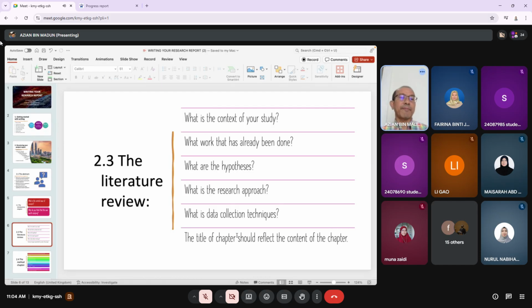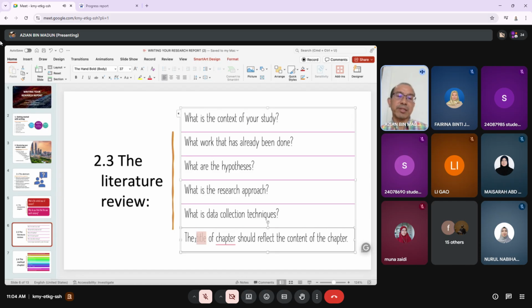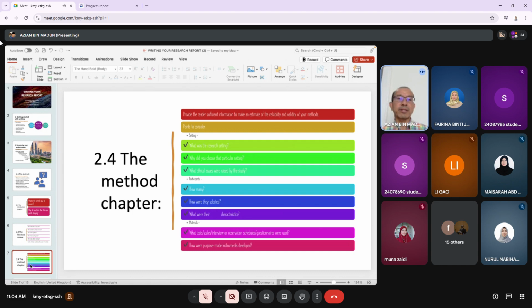The chapter should reflect the content of the chapter like this, of course. Then you come up with your own idea of how you want to do the methods. So the method will give you some sort of approach.